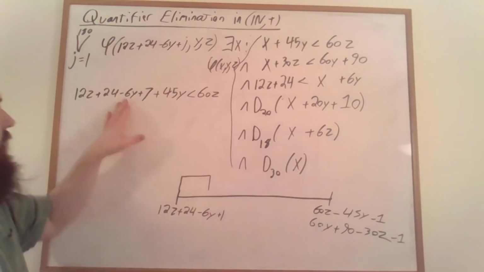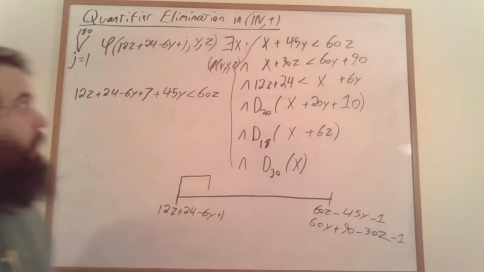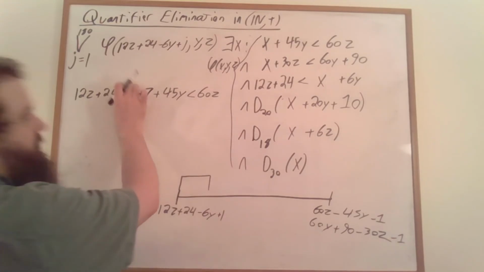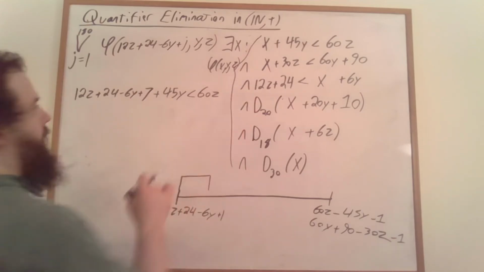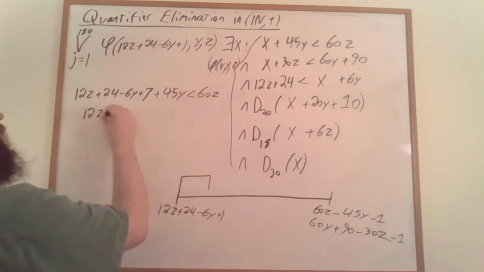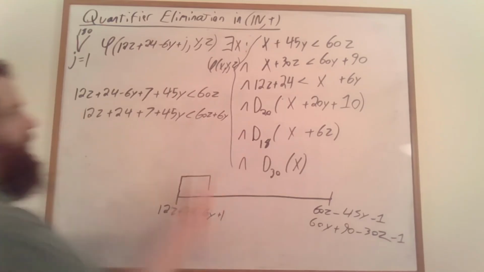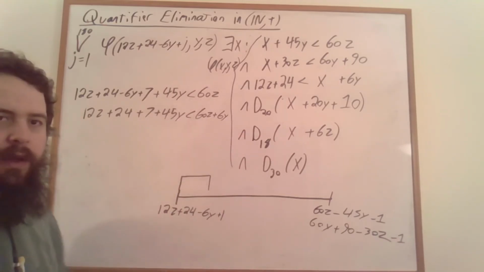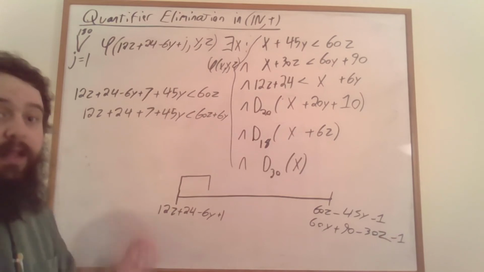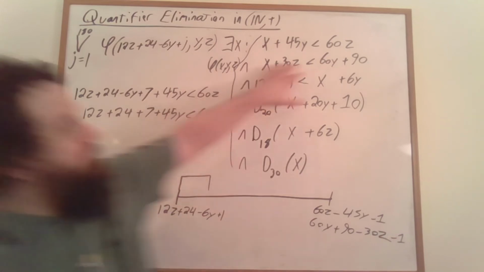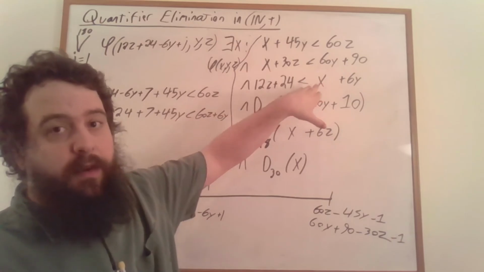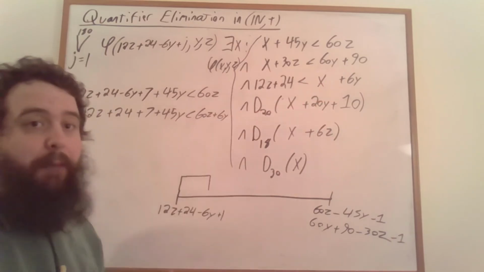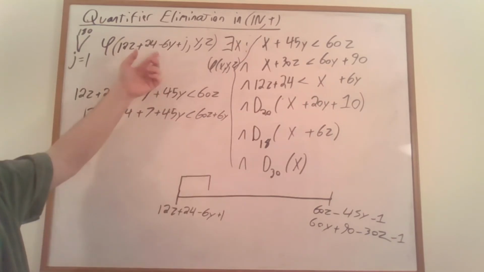But we can turn this into a formula within our language by simply taking this minus 6y and moving it over to the other side of the inequality. And of course, we can cancel the y's if we want, but we don't have to. We're just looking for a formula within our logic. And similarly, we can do the same for all of these other inequalities here to get rid of that minus sign coming from this minus 6y.